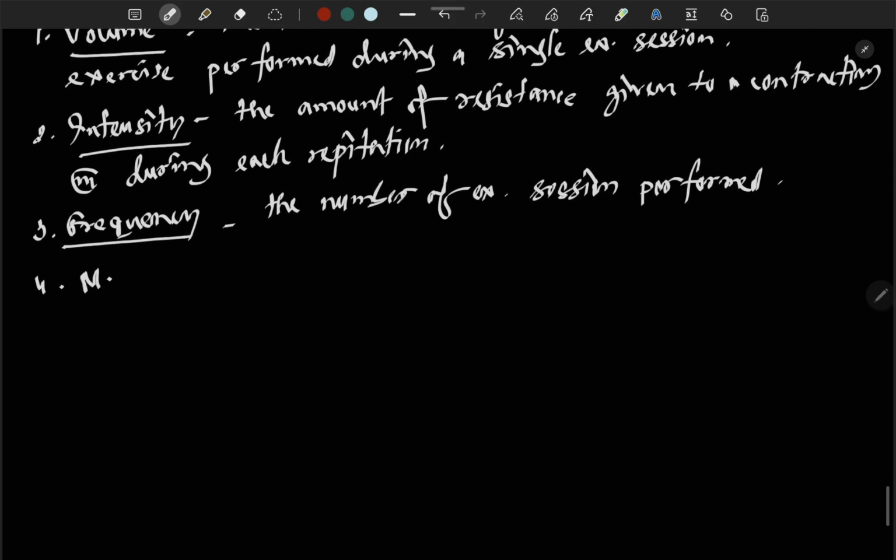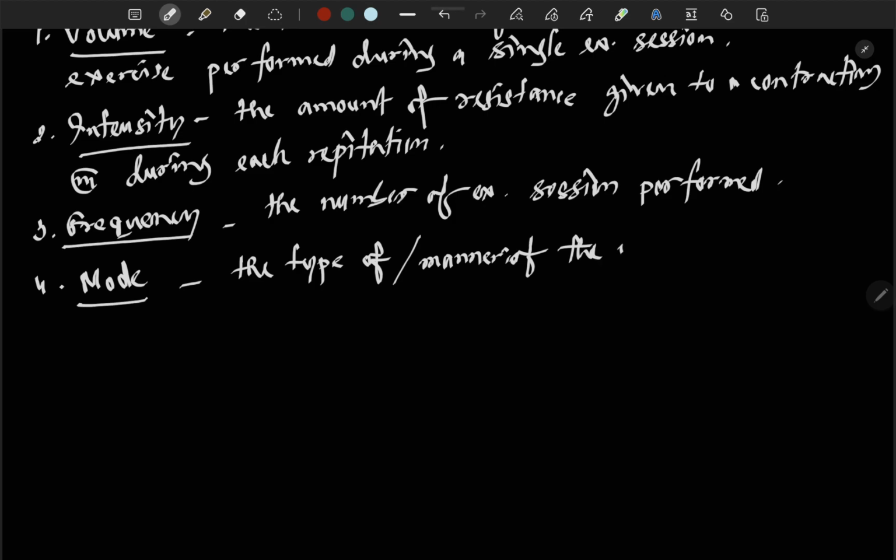Number 4 is the mode. The type or manner of the exercise performed. Number 5 is duration.